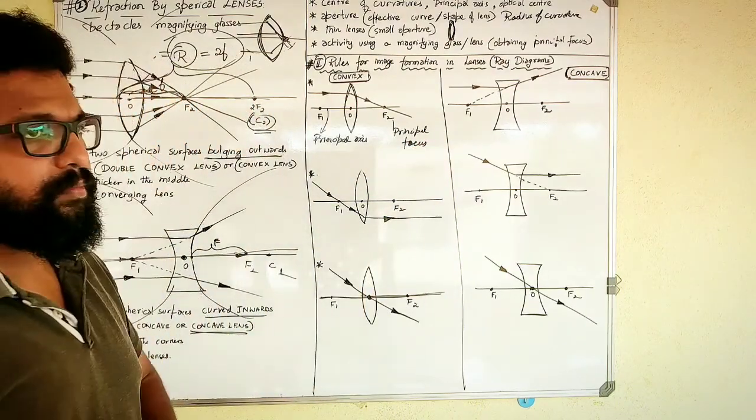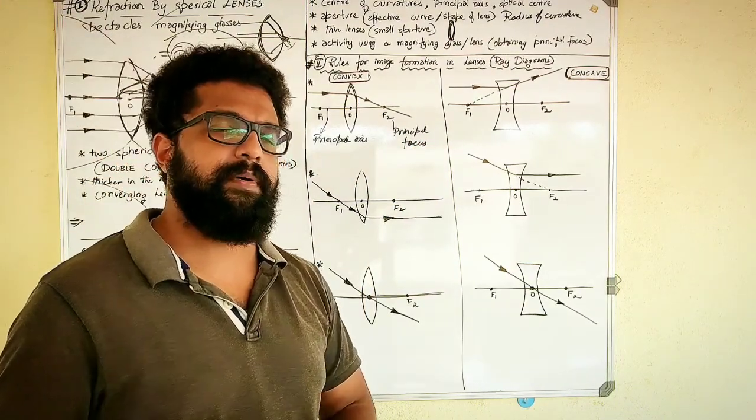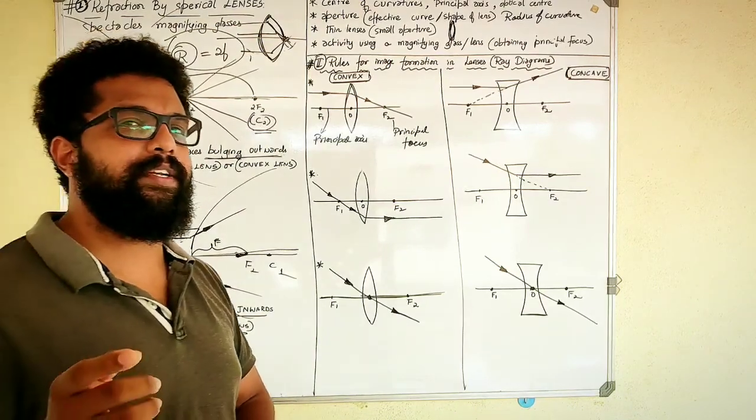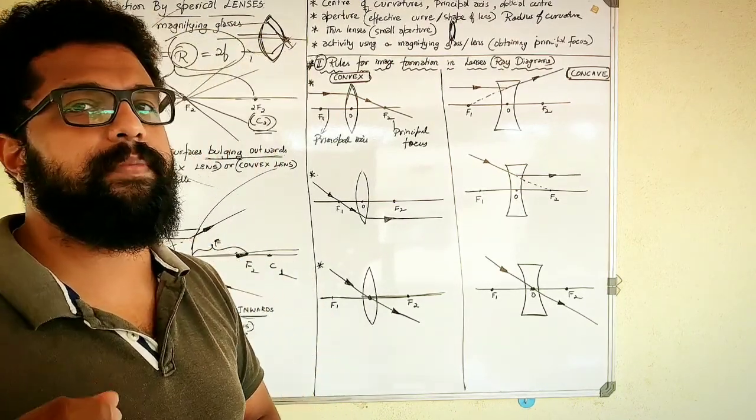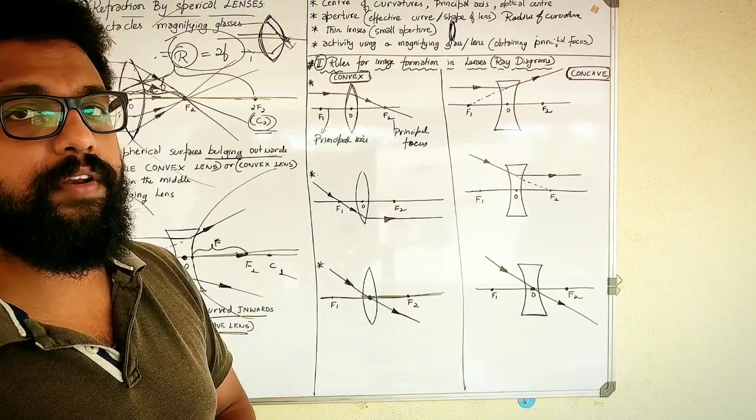Over here the light ray after refraction passes through the principal focus if the light ray is made to travel parallel to the principal axis, in the case of a convex lens.